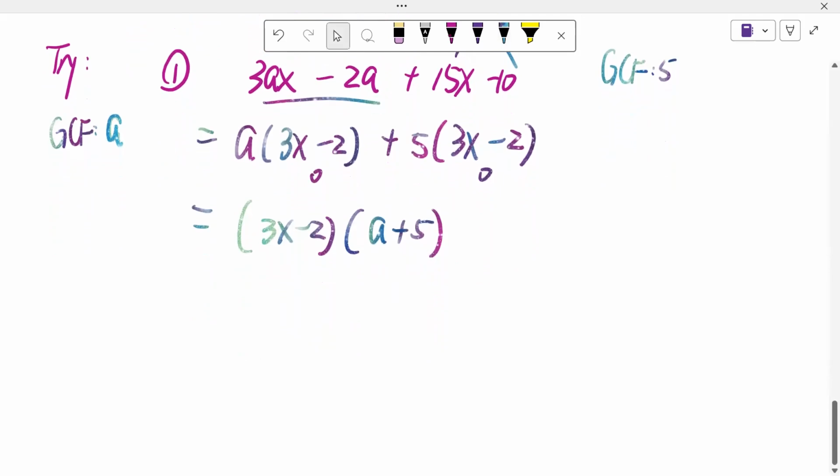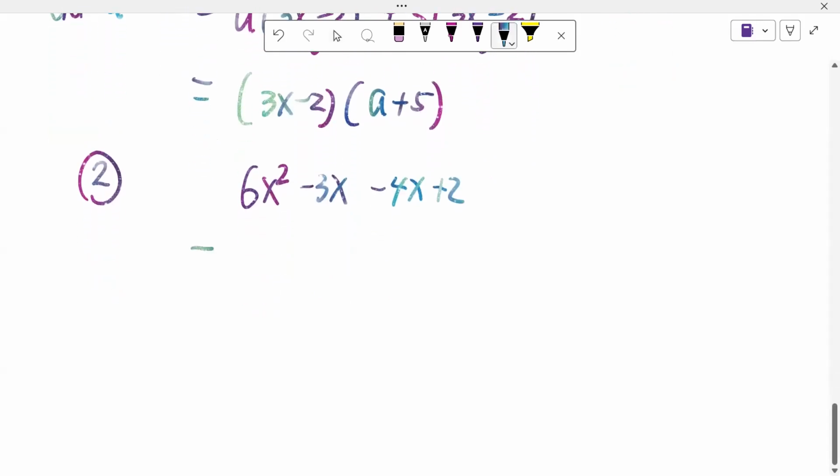Now let's go one more, right? Before we take a look at the assignments. So 6x squared minus 3x minus 4x plus 2. Let's factor by GCF. So the first two terms, GCF is for 3 and 6, 3 goes into both, so 3. The exponent, the lower power, 3x. The factor of 3x. And 6x squared over 3x, you get 2x.